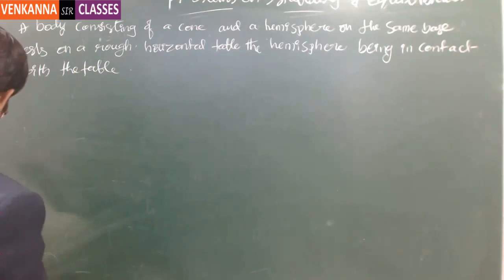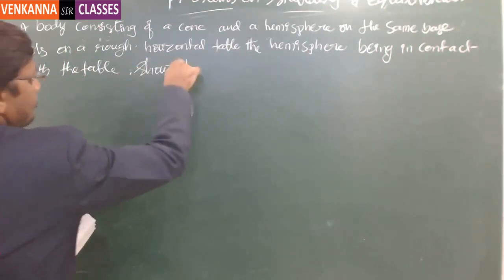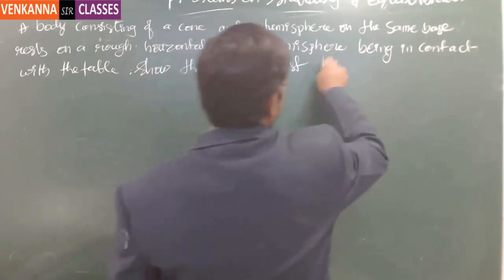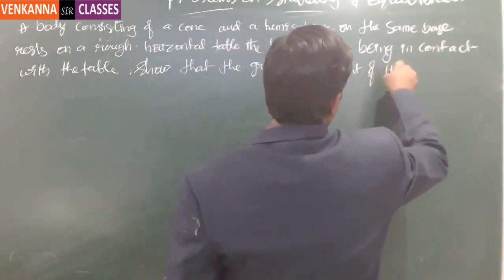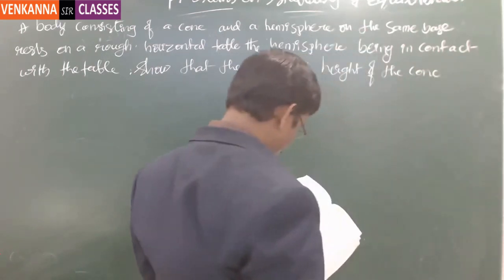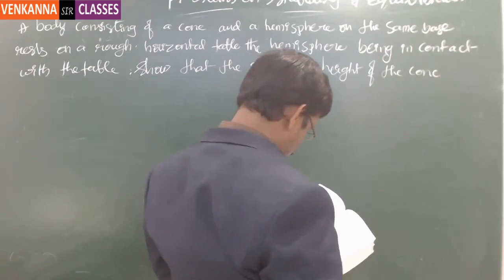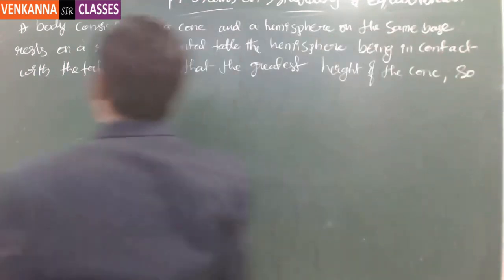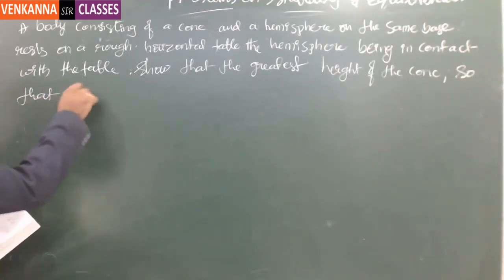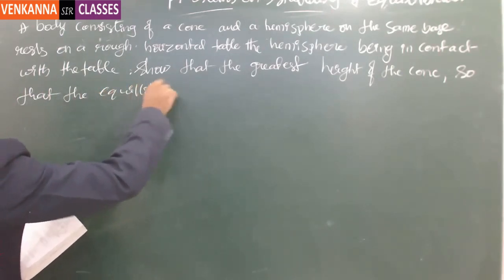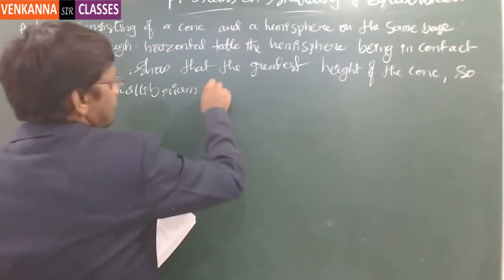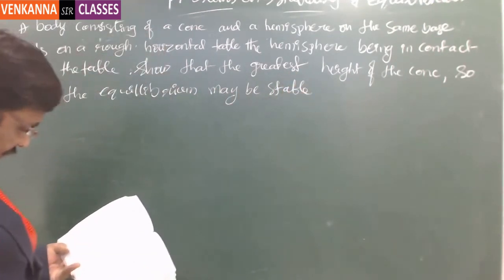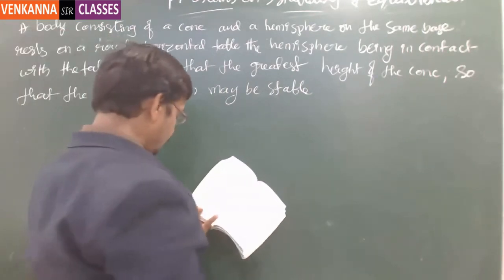Show that the greatest height of the cone so that the equilibrium may be stable is root 3 times the radius of the hemisphere.